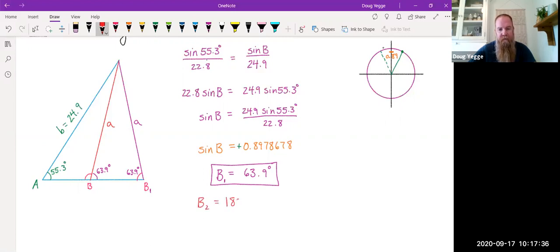So if I say 180 degrees minus 63.9 degrees, notice that there's a potential of having a second answer, and it looks like there is. B2 is 116.1 degrees.